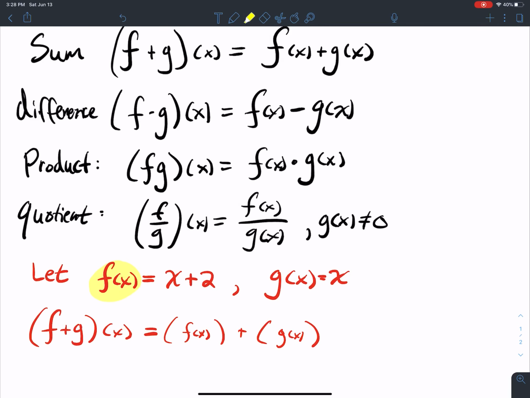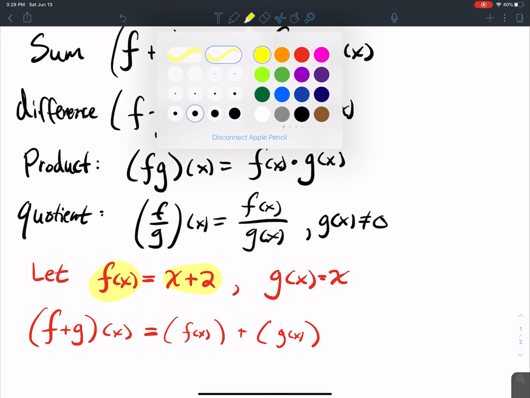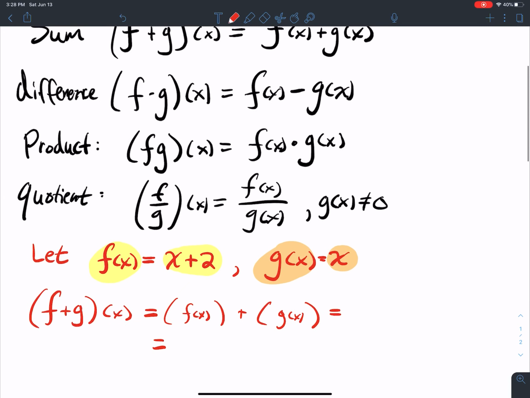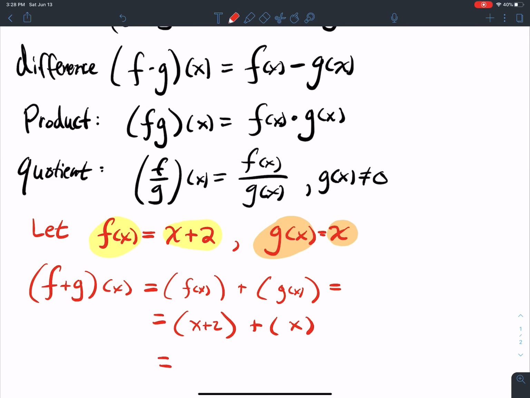Everywhere I see an f of x, I'm going to replace it with x plus 2. And everywhere I see a g of x, I'm going to replace it with x. So this becomes x plus 2 and then plus x. And can I combine anything? Yes, I have 2x plus 2. Okay?